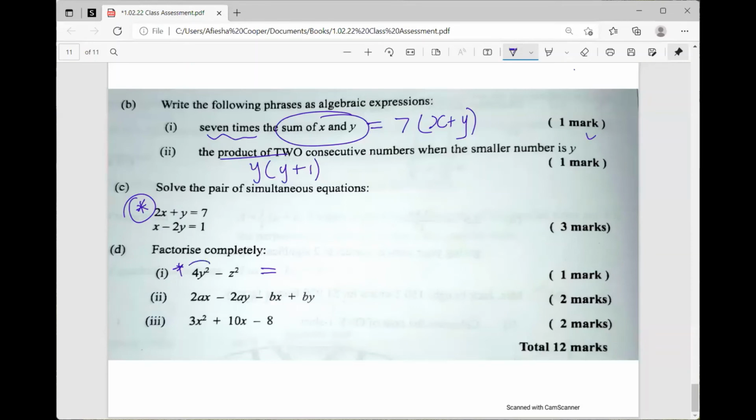Because we are seeing that 4y squared, 4 and y squared, is a square term, z squared is a square term. So what's the answer? What's the square root of 4y squared?